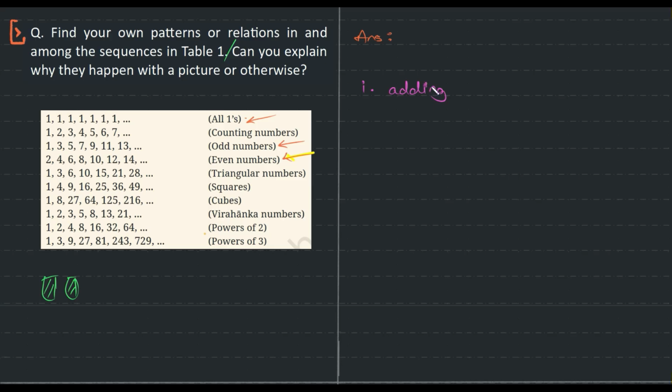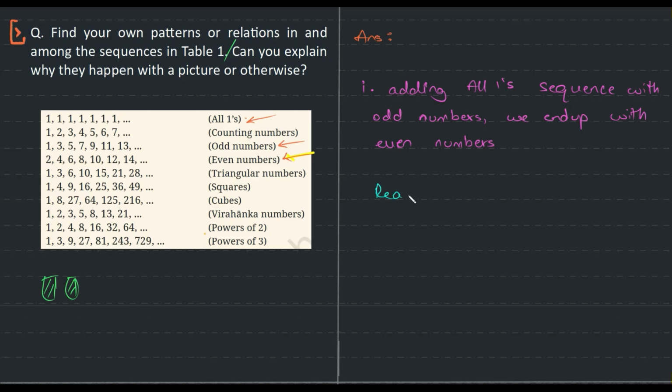Adding all ones sequence with odd numbers, we end up with even numbers.